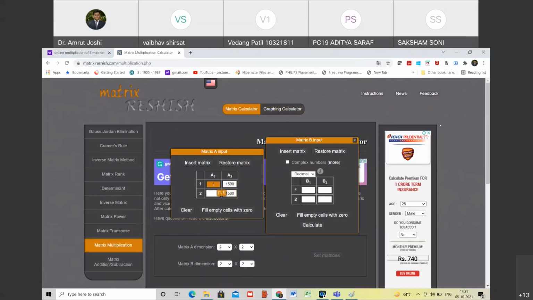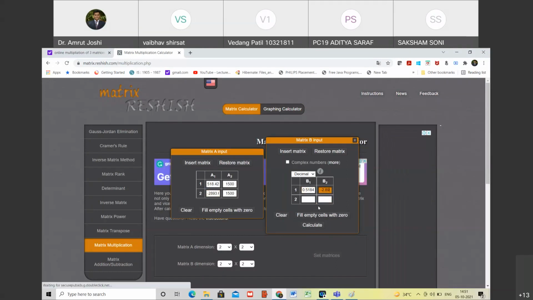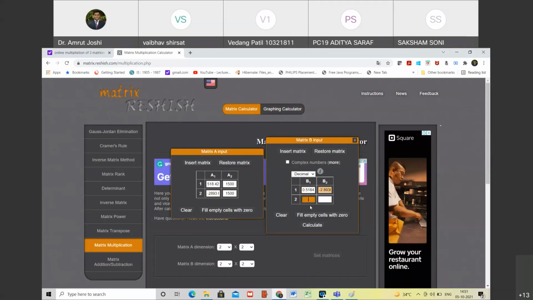Tell me these two values. 518.42, then minus 2893.6. Here tell me phi: 0.51842, minus 2.8936, then 1 and 1. And calculate.